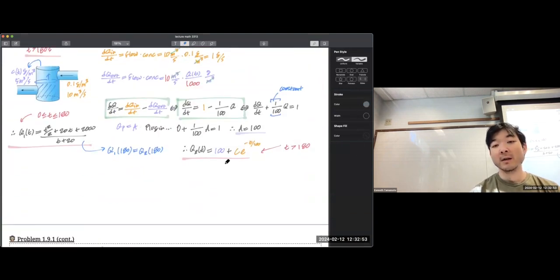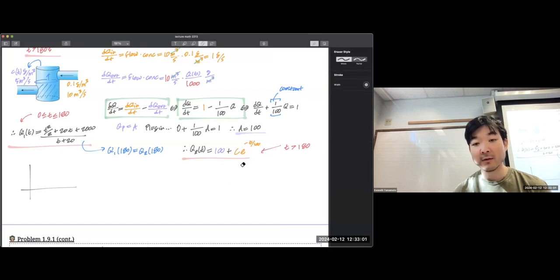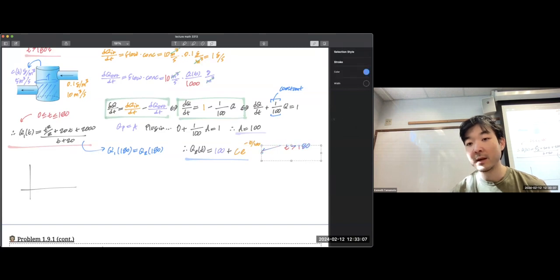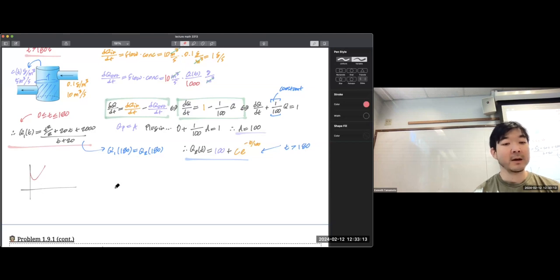So let's just sort of graphically think about what this might mean. Let's suppose I'll just underline this in blue and say this right here is for when t is greater than 180 seconds. So the first one, we already saw the kind of graph it was. And then right at 180 seconds, we know it's going to overflow.